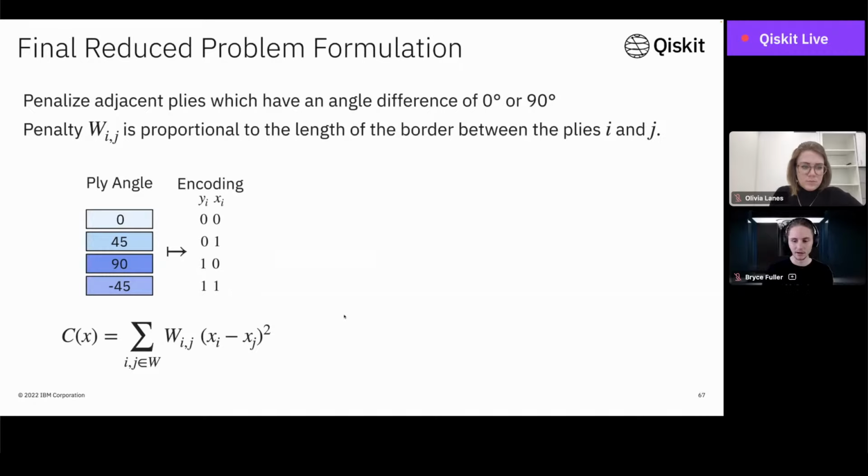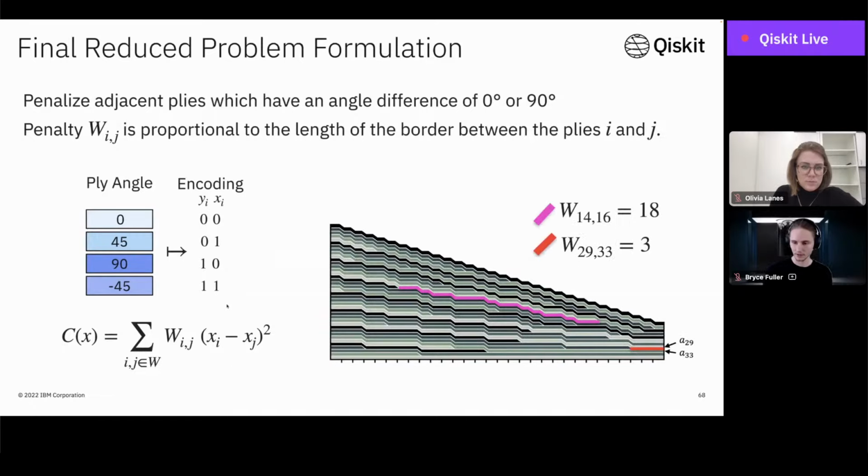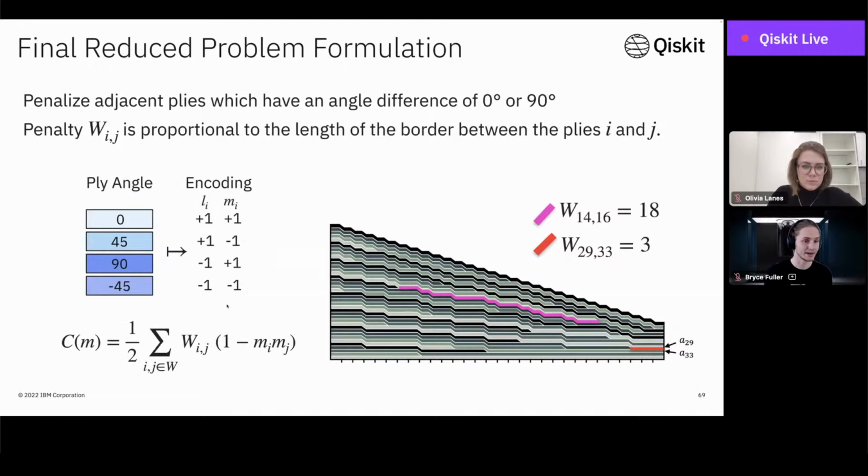This is the equation that you get if you try and model this. And again, we're using binary variables here, but if you switch to plus or minus variables, then you can see that this is actually just a weighted version of our MaxCut problem, which is the same thing we saw before, but now some of these edges have more or less importance to them.